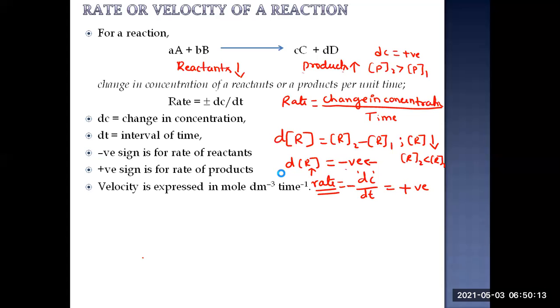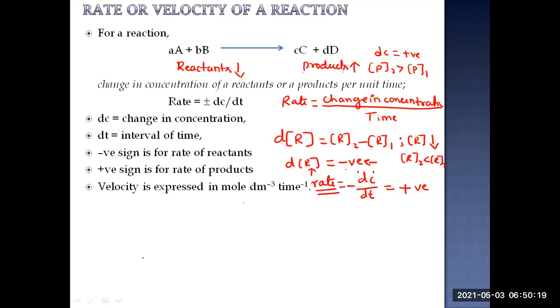So, mole per dm cube per second will be the unit. Sometimes, for a slow reaction, they go for mole per dm cube per minute or per hour, but the conventional unit is per second. Or they may write mole per liter per second also. That's all. Liter is nothing but decimeter cube. dm cube is 1 liter. Okay, I'll proceed.